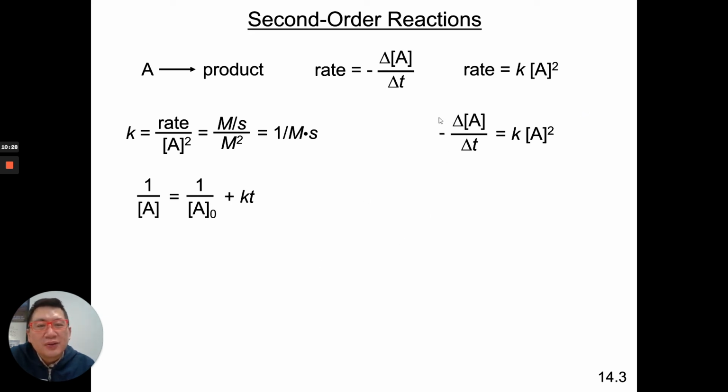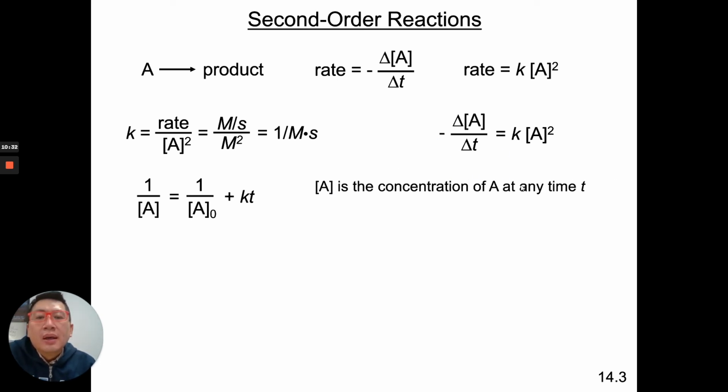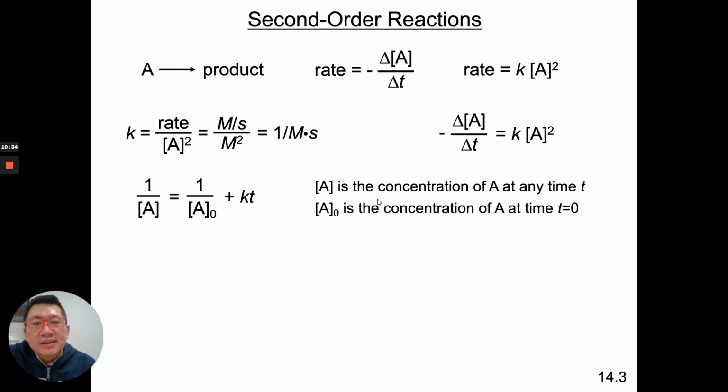For those that are in calculus, integrate both sides. Where A is the concentration of A at any time t, A naught is the initial concentration of A. So it's the same idea as the first order reaction, but there's a different equation: 1 over A is equal to 1 over A naught plus KT.